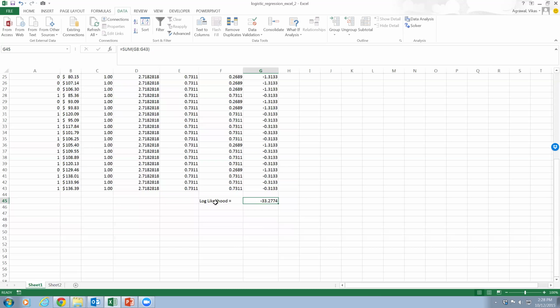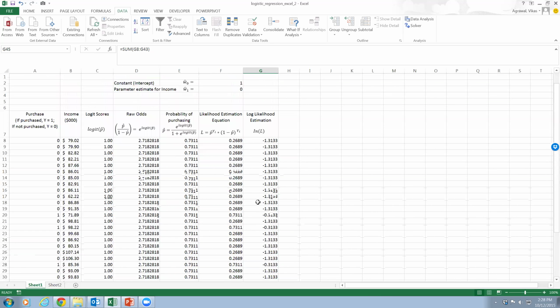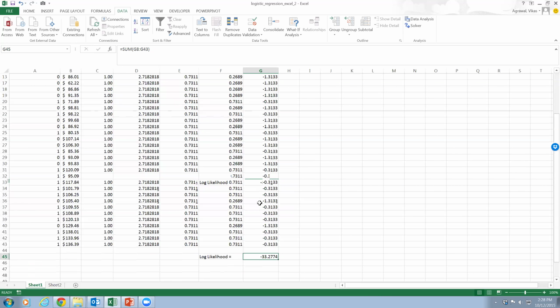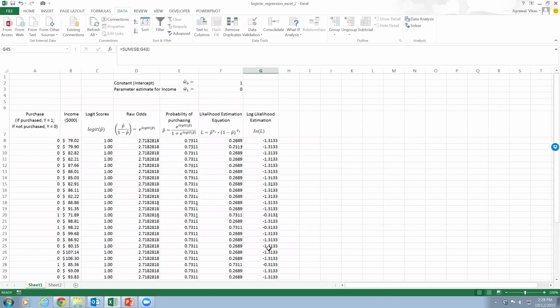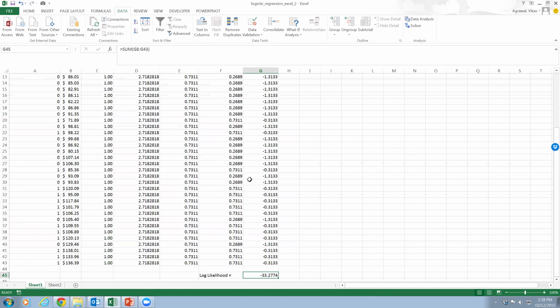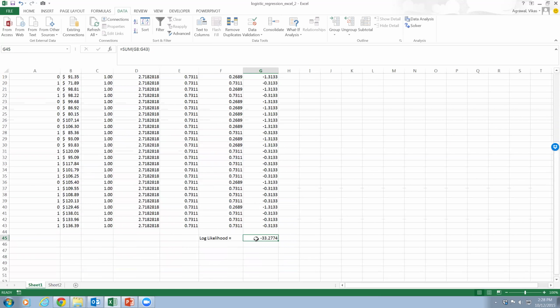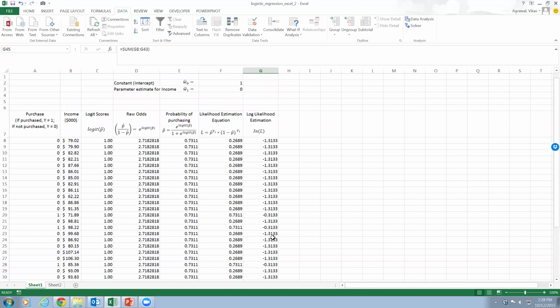Now you want to maximize this likelihood, which means that you want this log likelihood function to approach 0, because 0 is the maximum you can get here, and that's the objective. When you get 0, that means you're not getting any errors. That means you have found the best fit equation. That means you have perfectly predicted all the outcomes. That's not going to be possible, but we will try solving this so that it approaches 0.